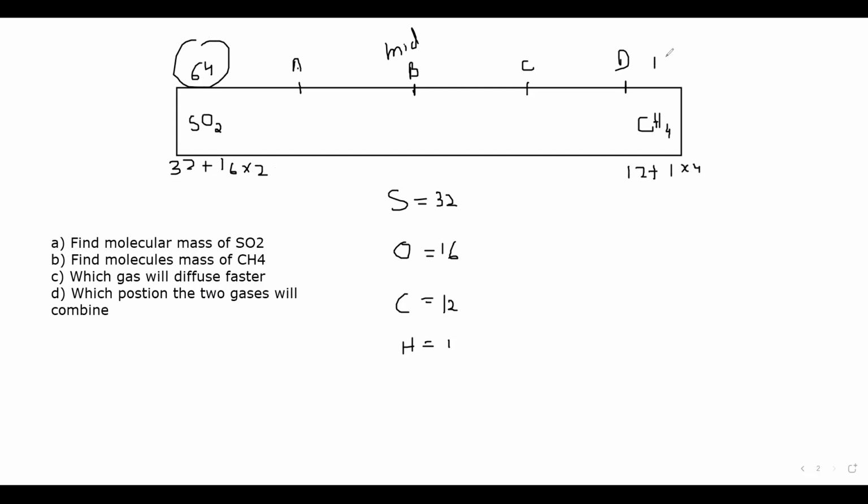So that will make total 16. Then which will diffuse faster? The lighter one will diffuse faster. So that will be methane or CH4. And because this will move faster and this moves slower, the likely position they join is A.